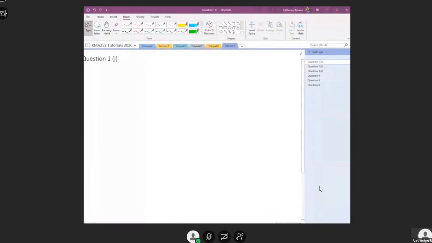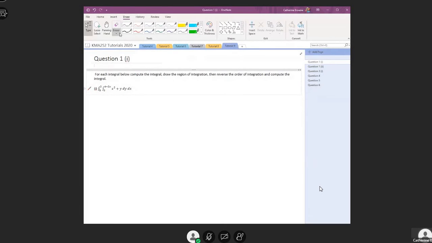So, the first question I'm looking at, I'm going to just compute the integral, and then I'm going to interpret the limits, and from those limits I'll be able to think about the region we're integrating over, and then I'll reverse the order of integration and compute it again, and you should always get the same answer.